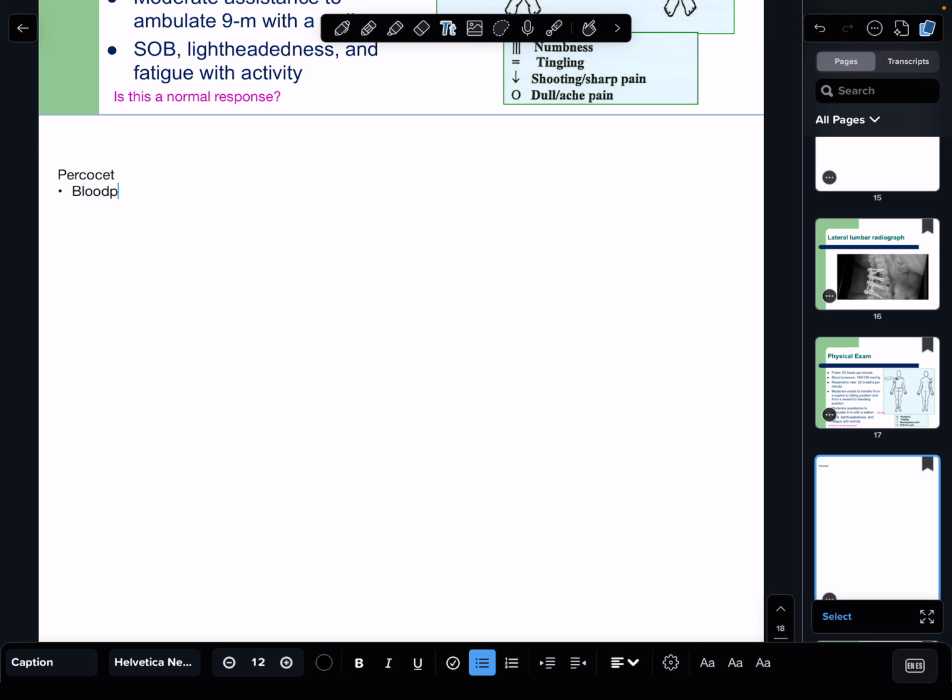Yes, that's a really good point that no one's ever brought up. Blood pressure's high. 160 is not something we want to be seeing. And she had activity-related shortness of breath. I would say that's probably not normal, even if she's deconditioned. She should be able to walk from here to there without getting winded.